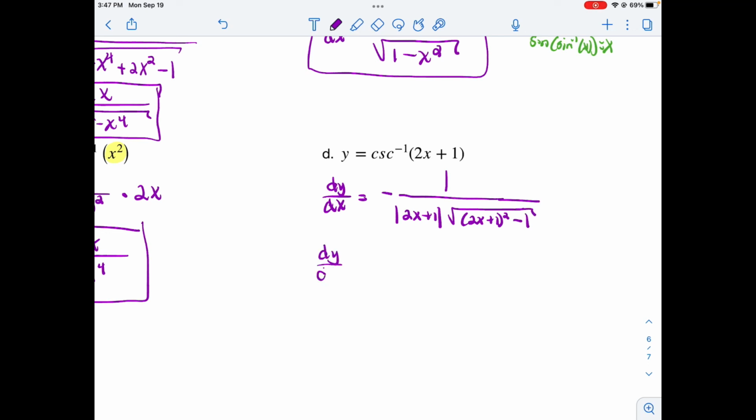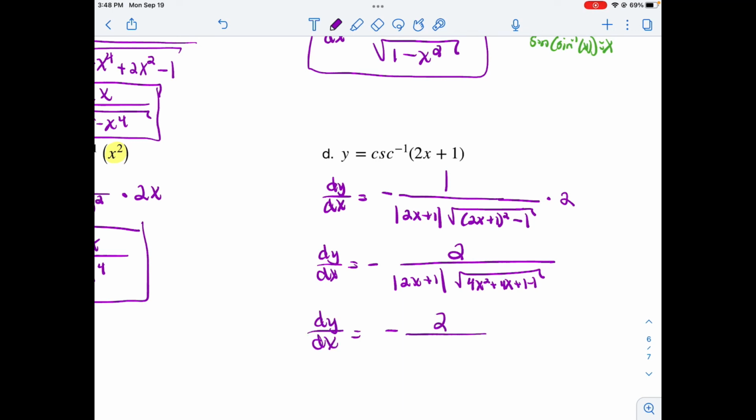Then multiply by the derivative of the inside function, which I forgot to write, so let's put that in, times 2. That gives us 2 over the absolute value of 2x plus 1 and the square root. And then doing the full method here, we get 4x squared plus 4x plus 1 minus the 1 that's out there. Combining like terms, 1 minus 1 cancels out.